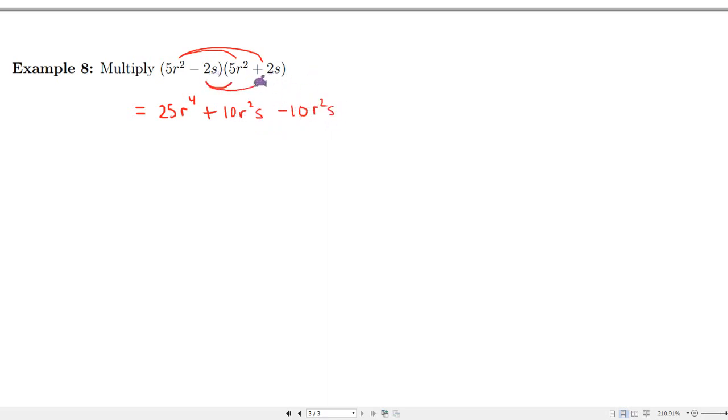And then this multiplication, we will have minus 4s squared, right? And then we can combine these two. So we'll have 25r to the 4th, and then they are actually opposites, so those are going to cancel, and we're just left with minus 4s squared.